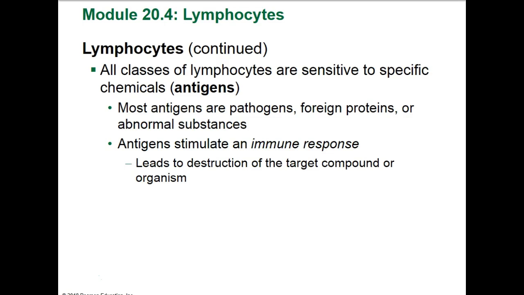Sometimes you'll see some books call it an immunogen if it's an antigen that elicits a strong immune response. But again, an antigen really is just this simple thing your body is recognizing as foreign, as not self, not itself.